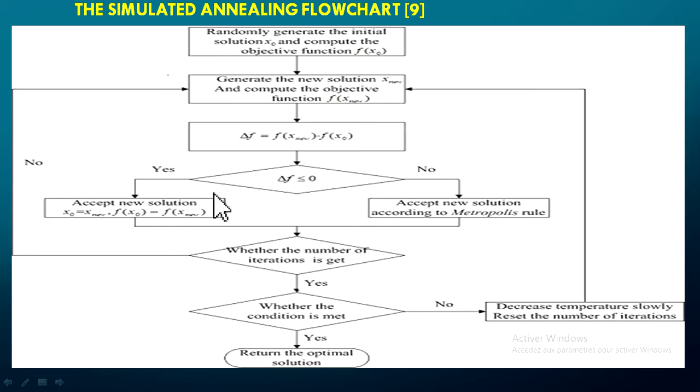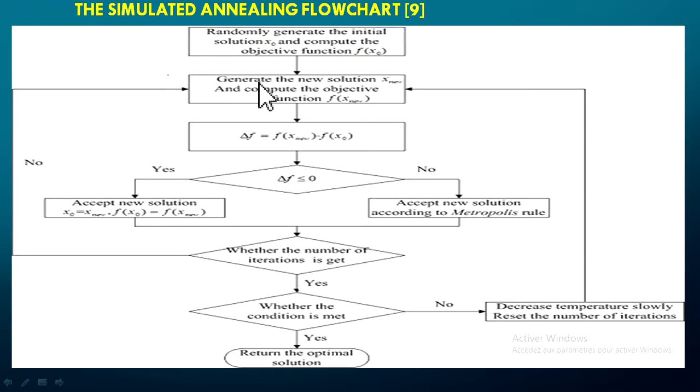So I give another form of the algorithm with the flow chart. It is visible and clear. So there are the different steps of the algorithm. Firstly, we randomly generate the initial solution x0 and compute the objective function f(x0).